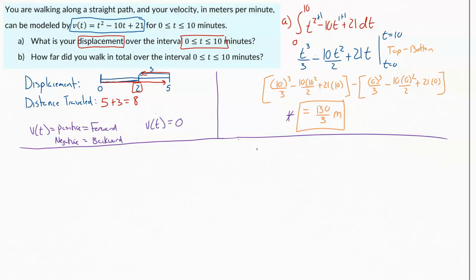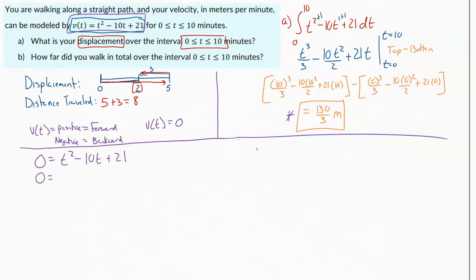So the best way to handle this is to say, okay, I need to know when my velocity equals 0. So we go back, grab that velocity equation, and see when those moments of moving forward or backward could have happened. We set that equal to 0. Anytime we have a squared power, a 2 or greater, you know that factoring is what you need to do.